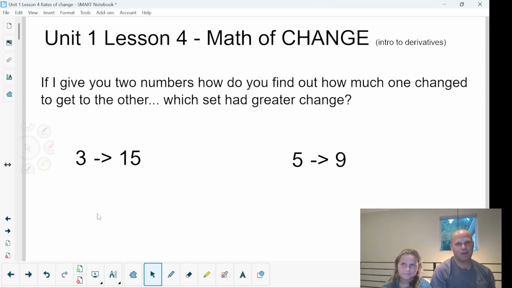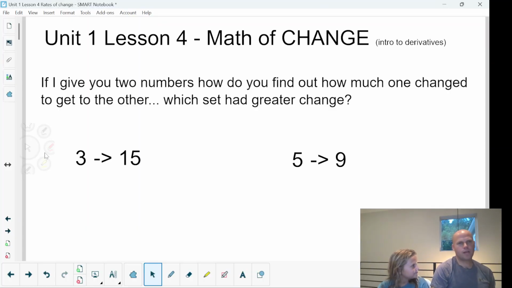We are going to talk about and introduce the math of change. So if I asked you how much change occurred to take the number 3 and turn it into the number 15, what would you say? 3 to 15, what's the change? 12.